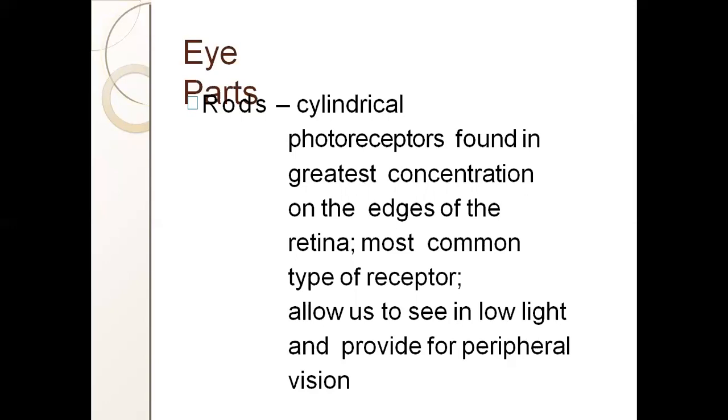If there is low light, in this low light we will still be able to see things which are present. How is it possible? It is possible from these rods only, and they also provide the peripheral vision, so that we can see in every area with the help of the eyes.